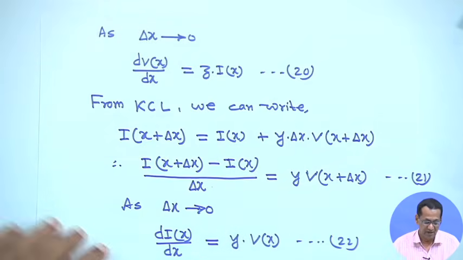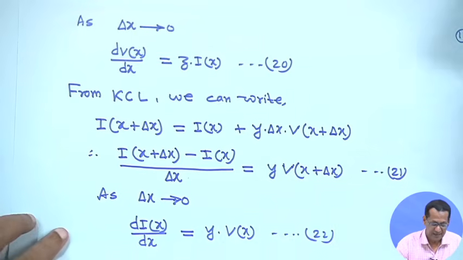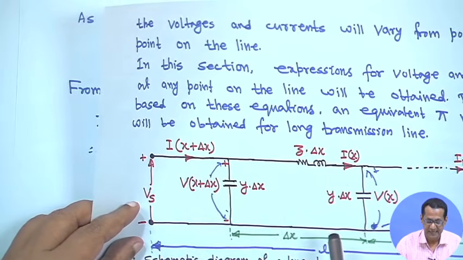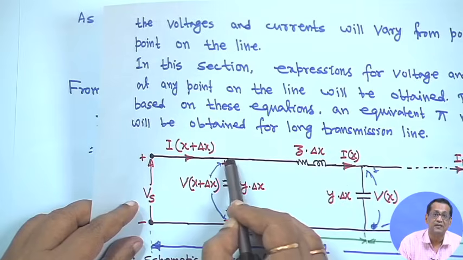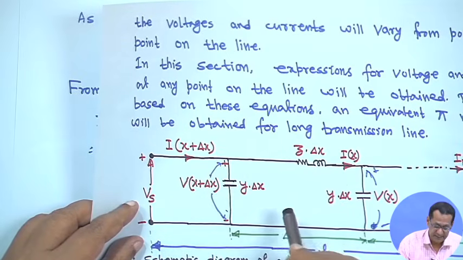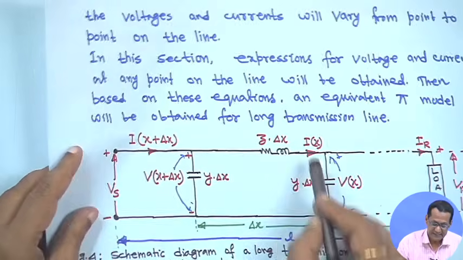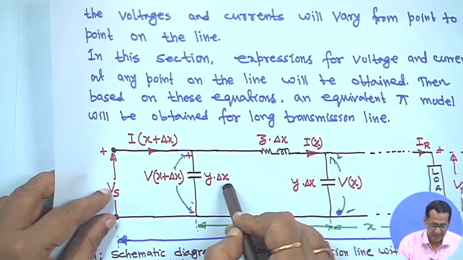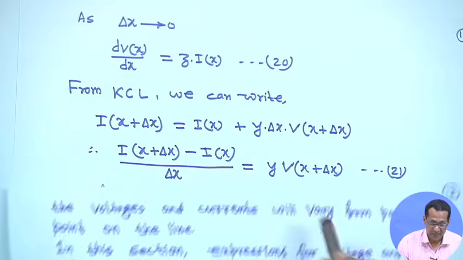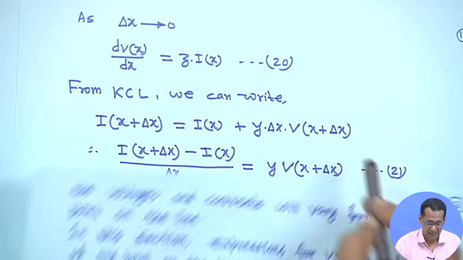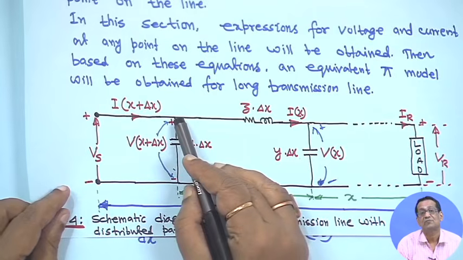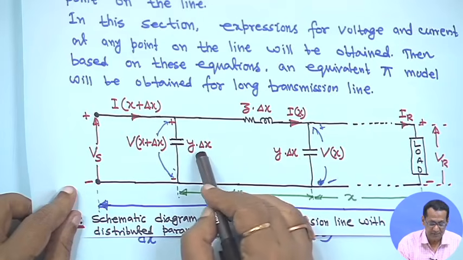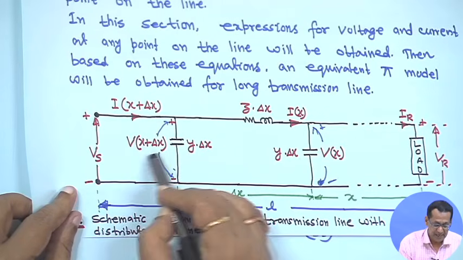Similarly, if you apply KCL, applying Kirchhoff's first law at this point, I x plus delta x will be equal to the branch current I x plus the shunt admittance small y into delta x into V x plus delta x.